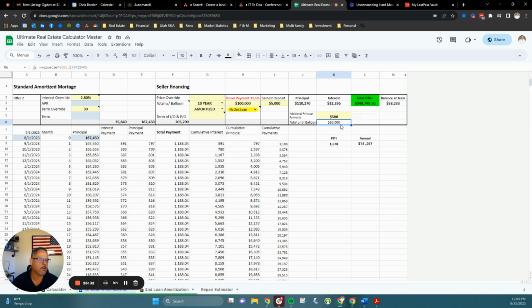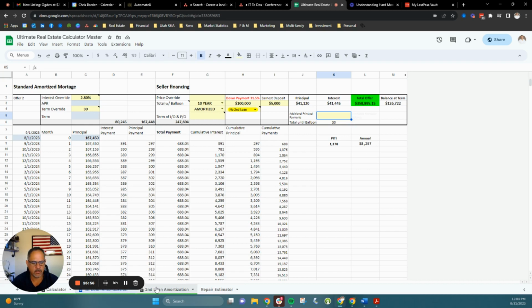My total amount paid would be 60,000, so I want to make sure the balance at term reduced by more than 60,000, which it should. So that's a little bit more than $70,000 difference.